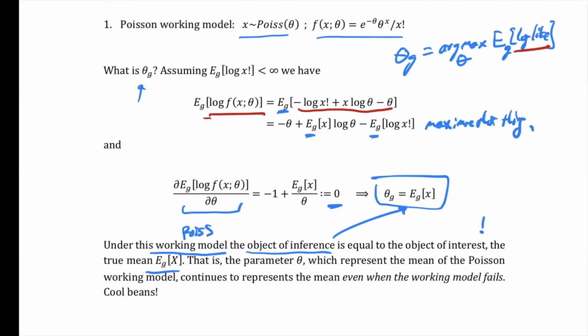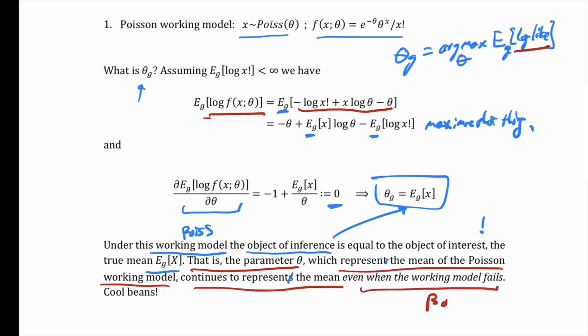I got my S's in the wrong place. Let me read it again. That is the parameter theta, which represents the mean of the Poisson working model, continues to represent the mean even when the working model fails. That is called robust. That's when you're robust.